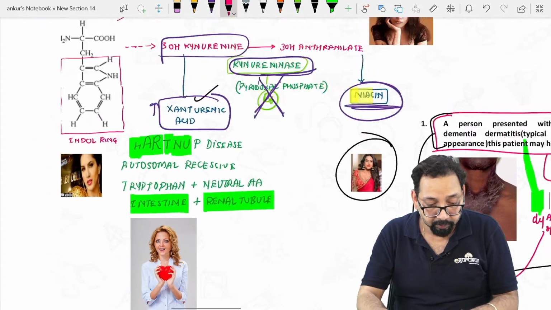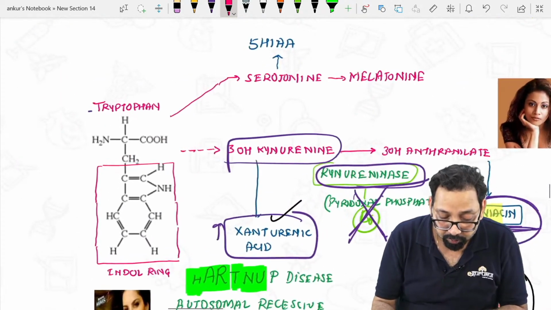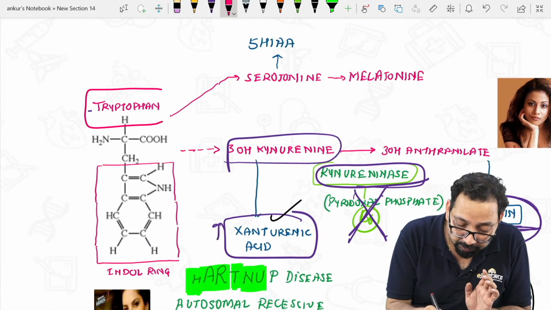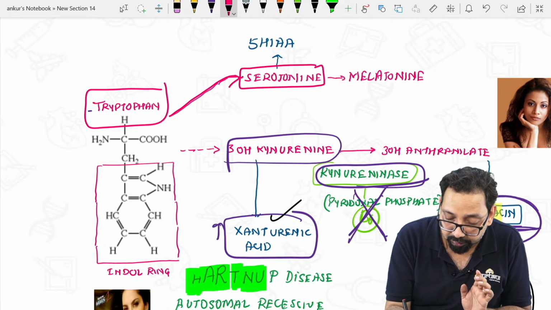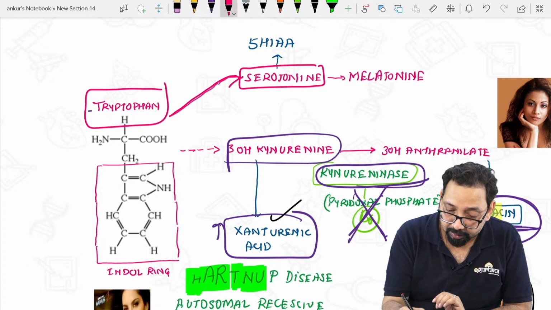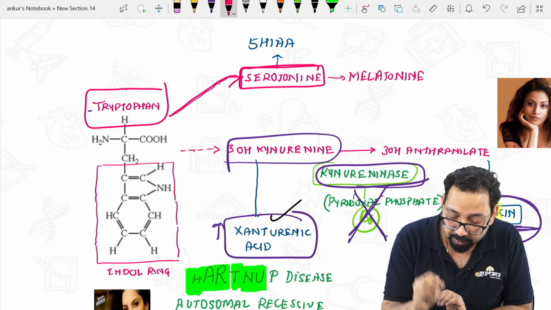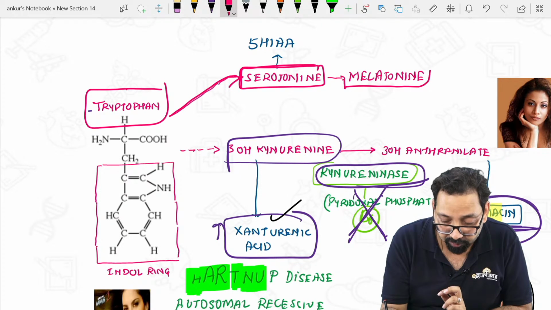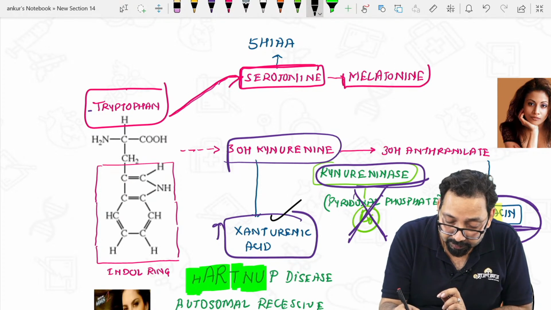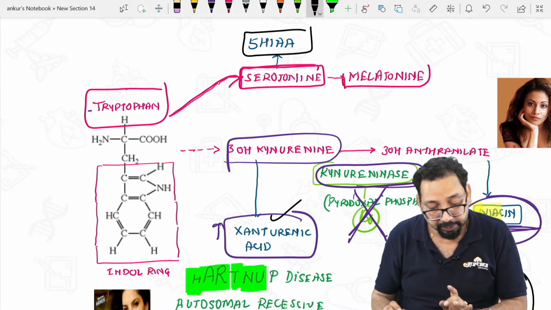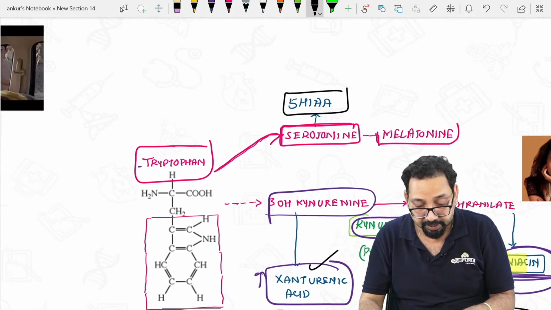Now, you all know that tryptophan in our body is converted to serotonin. Frequently asked question: serotonin precursor is tryptophan. Serotonin is further converted to melatonin, and serotonin is metabolized to 5-HIAA, hydroxyindole acetic acid.